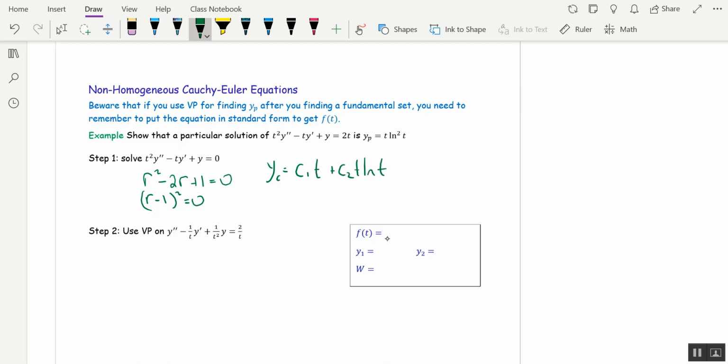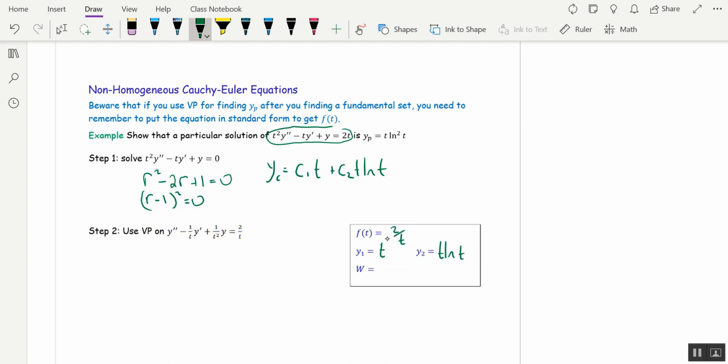So when I do variation of parameters, I need my y1 and my y2. I'm going to let y1 be t, and I'm going to let y2 be t ln t. And f is not, here's my original differential equation, f is not 2t, because first you have to divide through by t squared. So f is 2 over t.